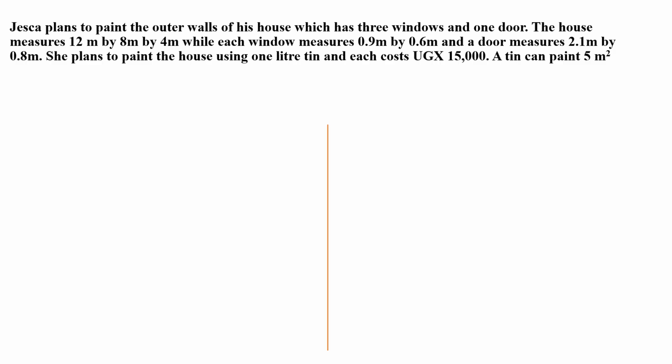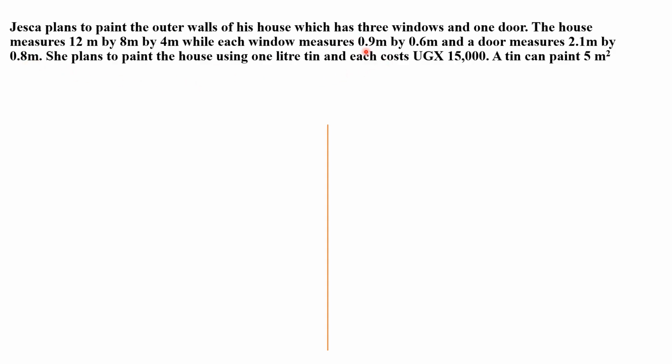Now here we have our scenario, that Jessica plans to paint the outer walls of his house, which has 3 windows and 1 door. The house measures 12 meters by 8 meters by 4 meters. I have explained that this is our length, width, and then height. Each window measures 0.9 meters by 0.6 meters, and a door measures 2.1 meters by 0.8 meters.